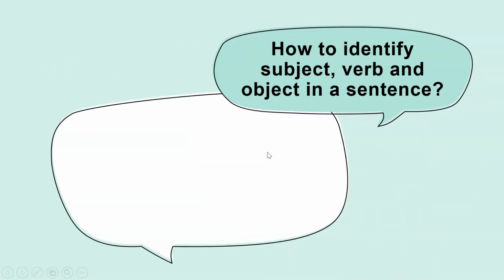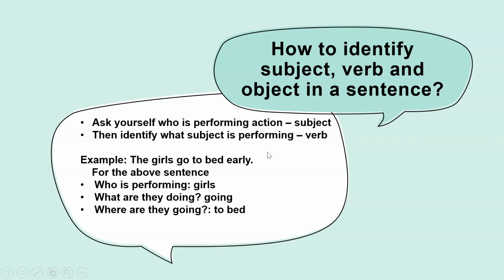How to identify subject, verb and object in a sentence? Ask yourself, who is performing the action? That's the subject. Then identify what the subject is performing. That's the verb. Now let's look at this example. The girls go to bed early. For the above sentence, who is performing?